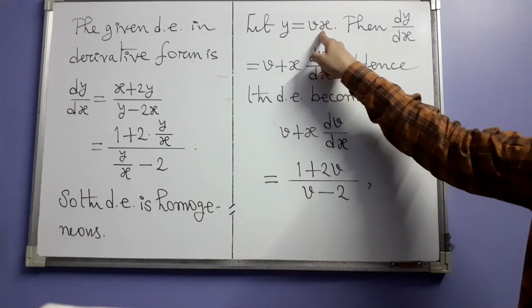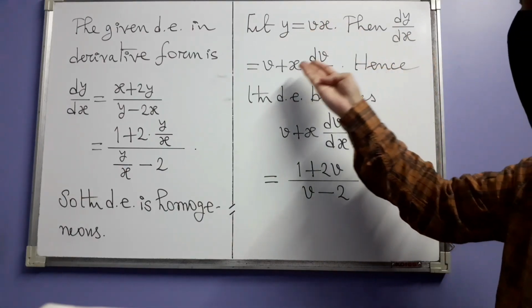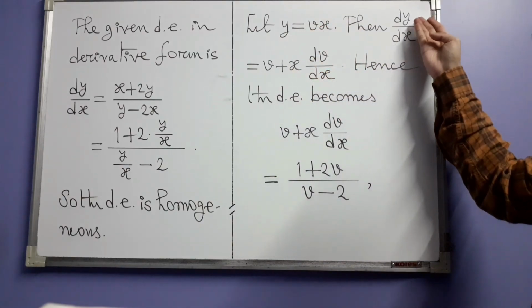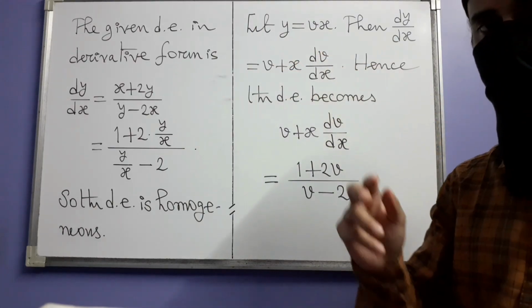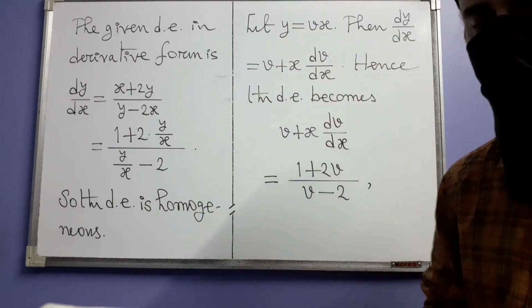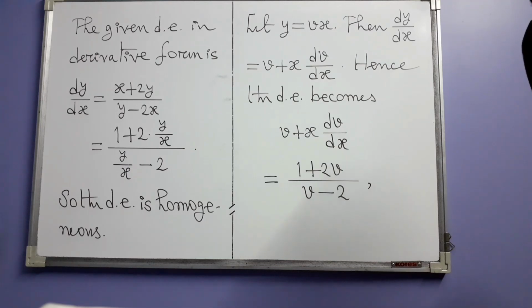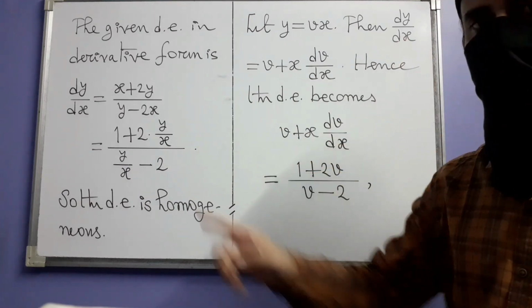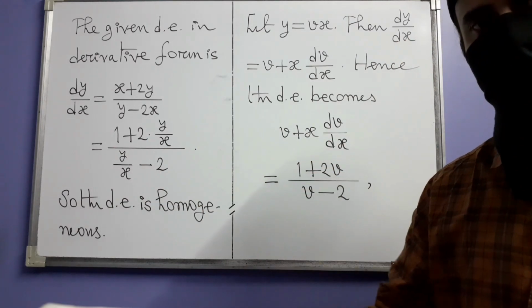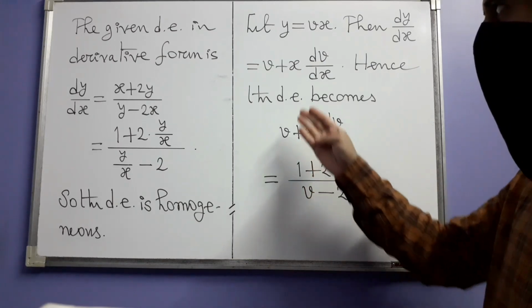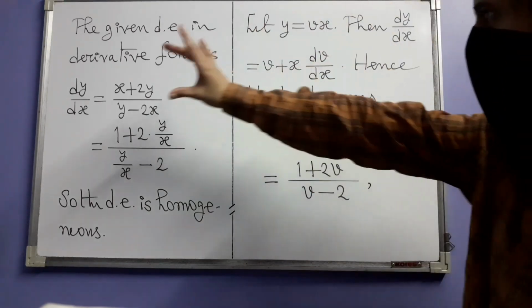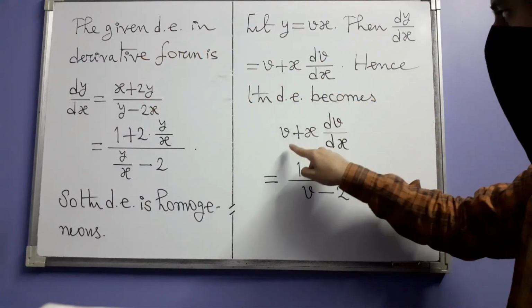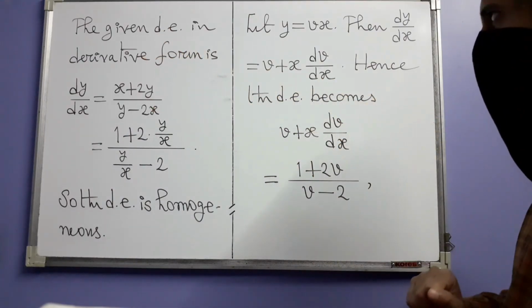If y equals vx, differentiating both sides with respect to x, you get dy/dx equal to v plus x times dv/dx. You apply the product rule for differentiation. And you use this to turn this equation into another differential equation where y is replaced with the variable v. In place of dy/dx, you write v plus x times dv/dx.